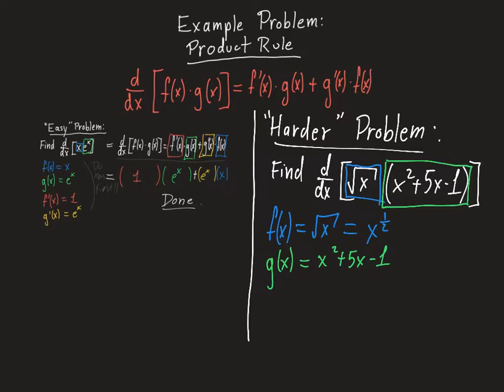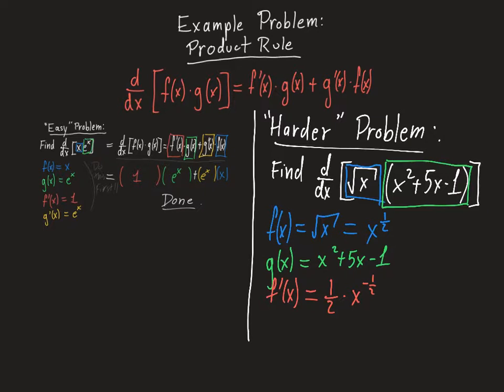Again, the very first thing you want to do at this point is to write down the derivatives of these two functions. Now, if f of x is equal to x to the 1/2, then you know by the power rule that its derivative f prime of x is going to be 1/2 times x to the negative 1/2.